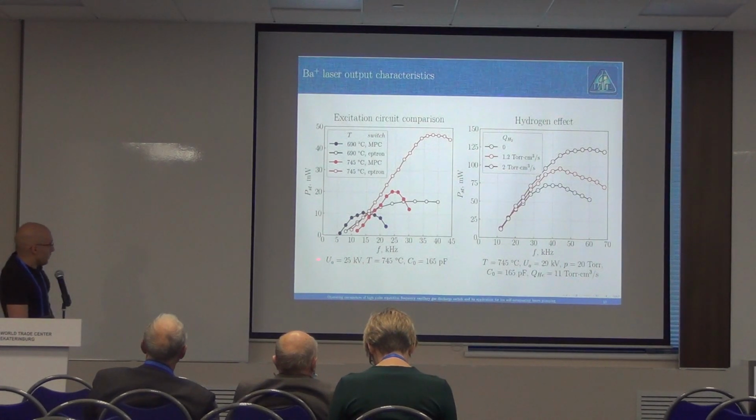In the second case, we used our new switch, and it allowed increasing the voltage on the gas discharge tube in about 1 or 2 nanoseconds.